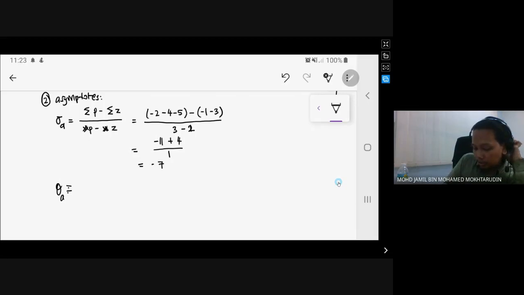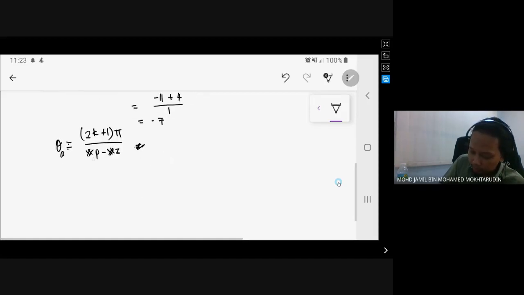So asymptote angle is 2k plus 1 times pi over number of poles minus number of zero. So kita start dengan k sama dengan kosong dulu. So when k equals 0, your theta A is pi.